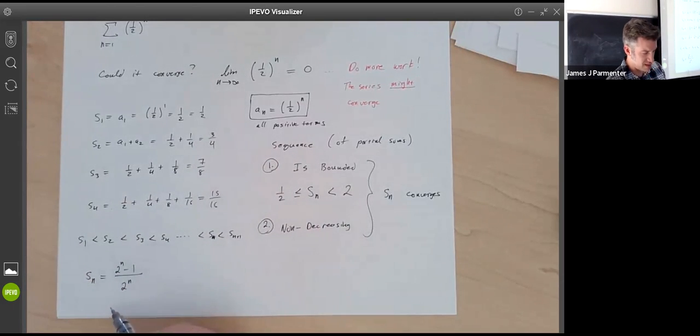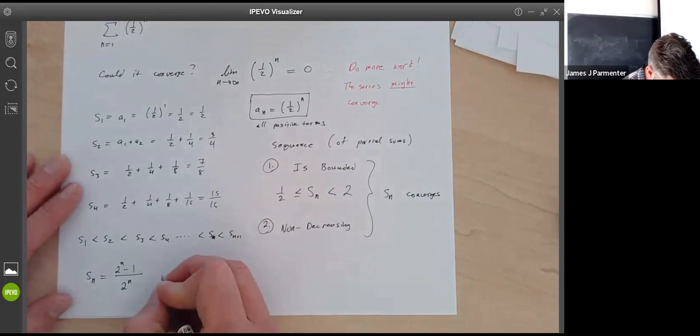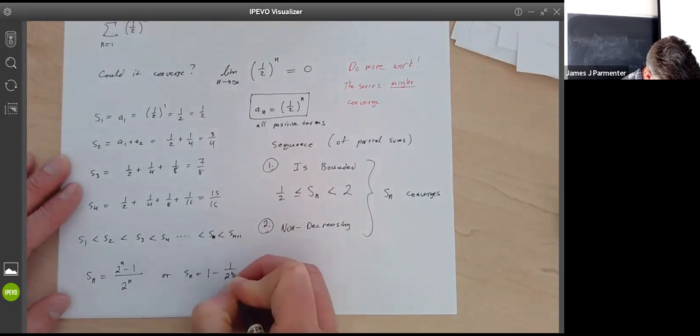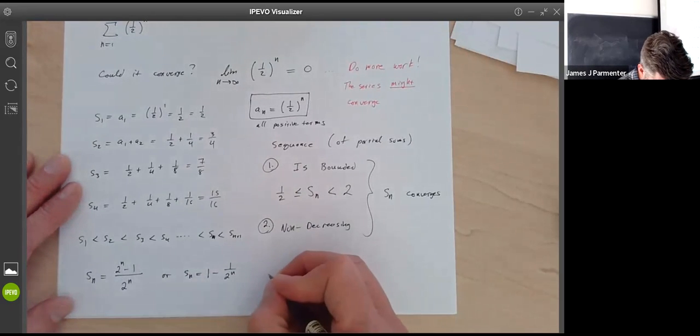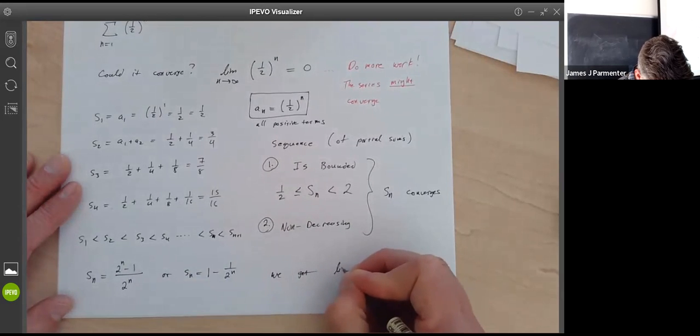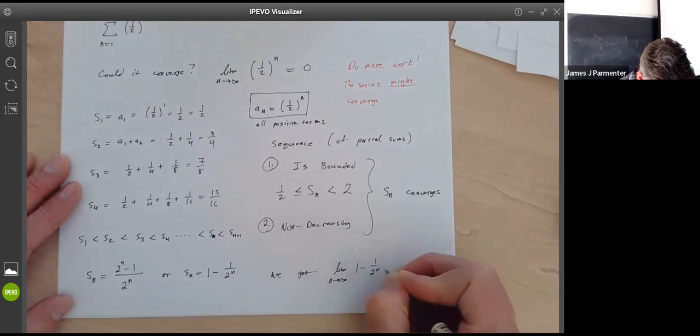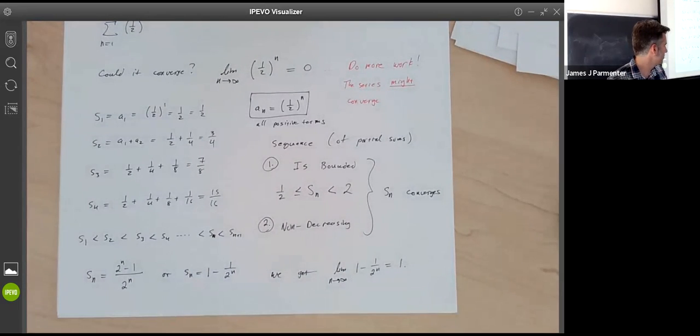Now, taking the limit of this might not be super fun, but it's much better if we write it as 1 minus 1 over 2 to the n. Then we can see that the limit as n goes to infinity of 1 minus 1 over 2 to the n is just 1. So this sequence of partial sums converges to 1, which means the series converges to 1.